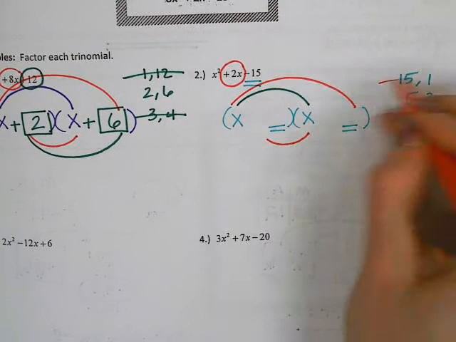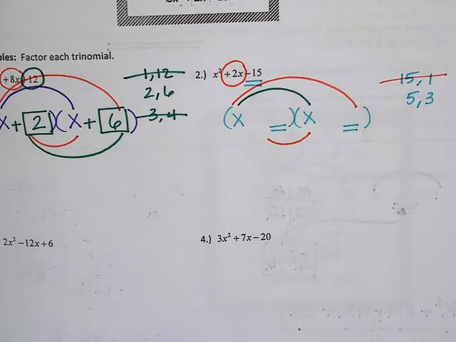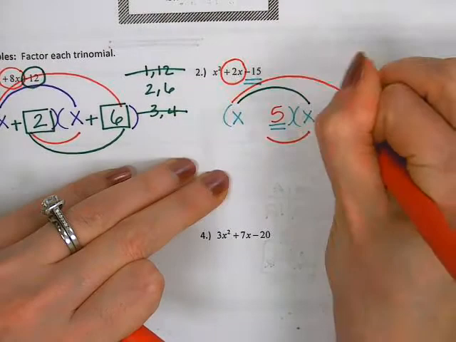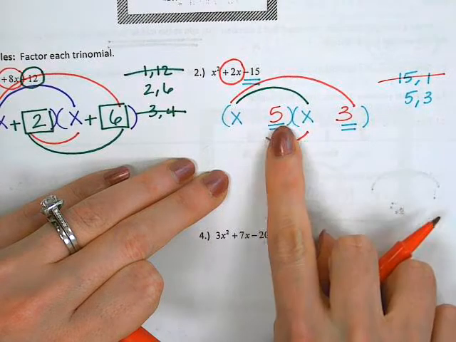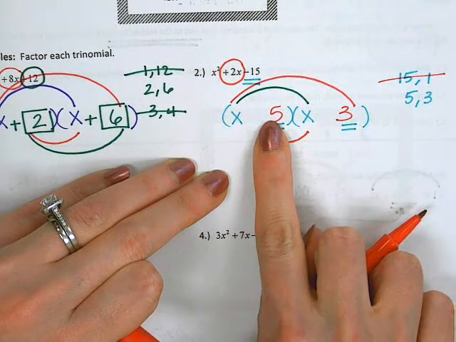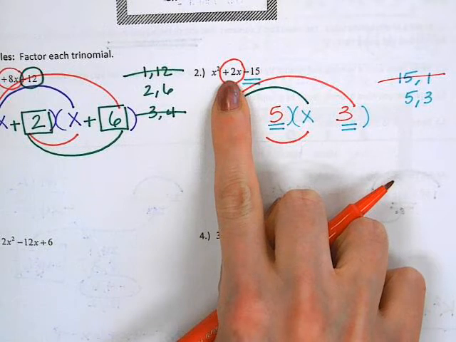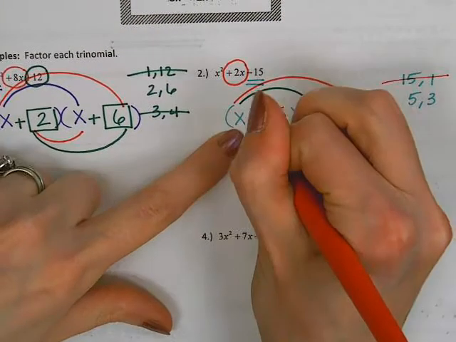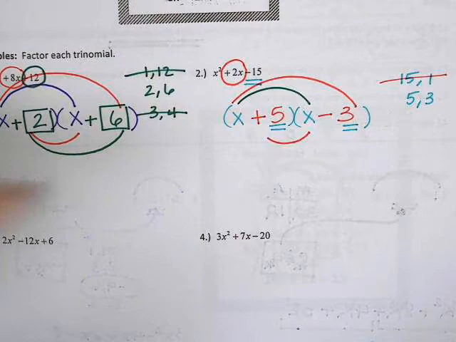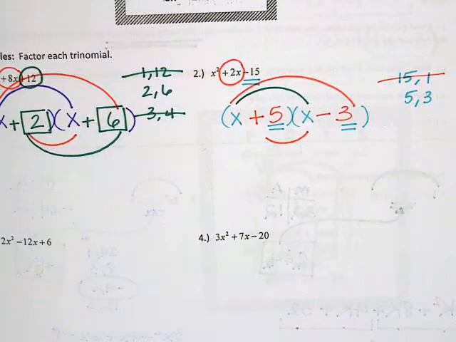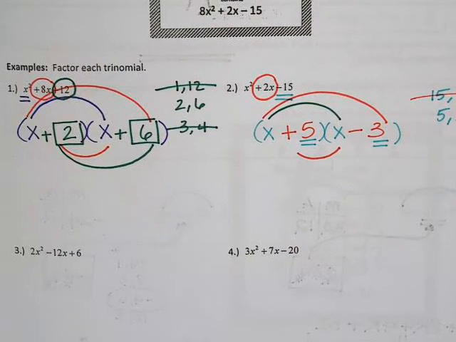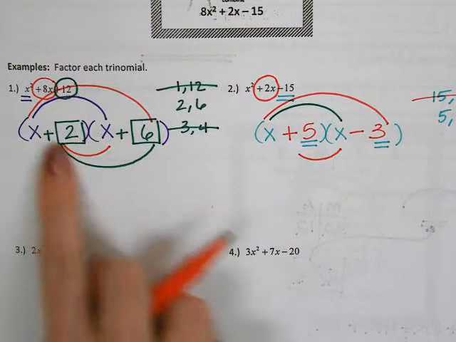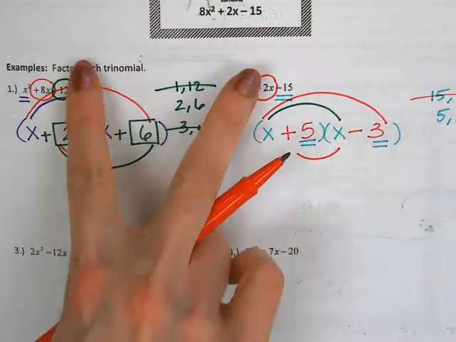Well, it's not going to be 15 and 1. Let's try 5 and 3. Remember, if you made one of them negative, which one should be negative if you want to add to 2? So if you want to add to 2, the 5 should be positive and the 3 would have to be negative. And then if you guys ever want to check your work, just double distribute and you should get back to where you started.